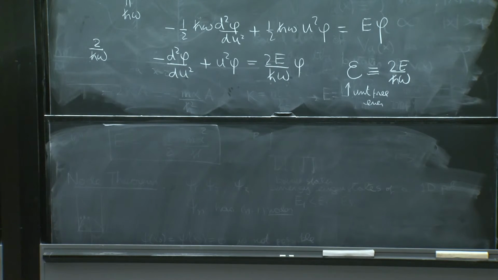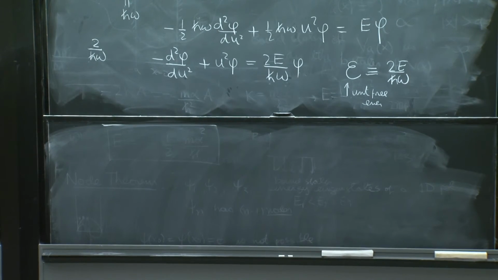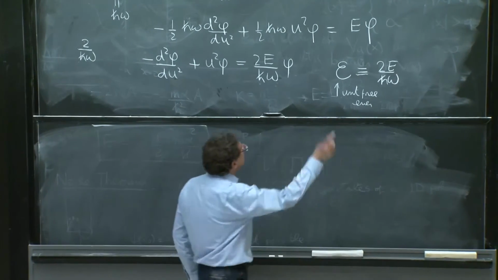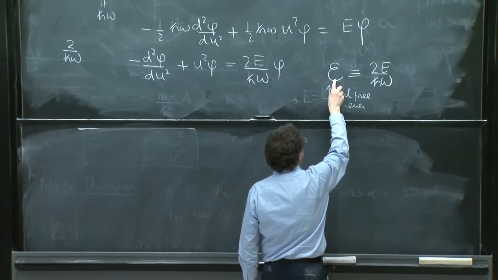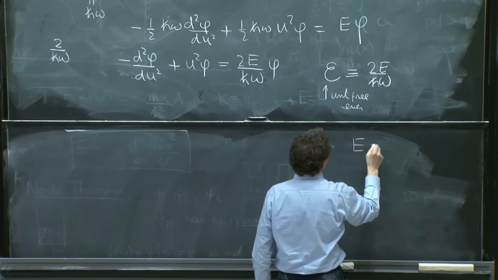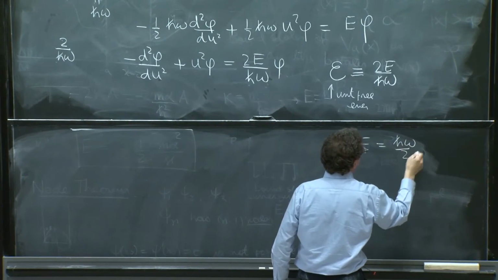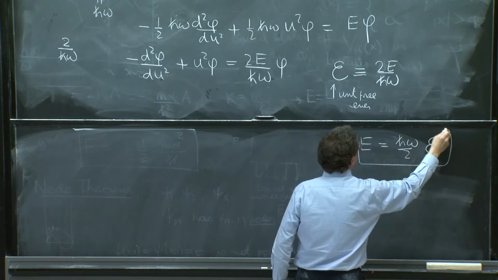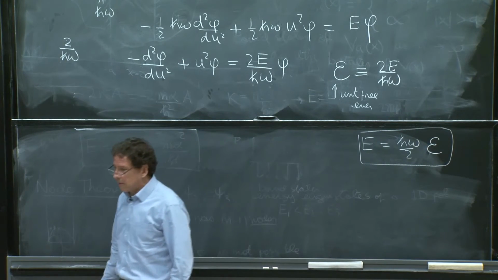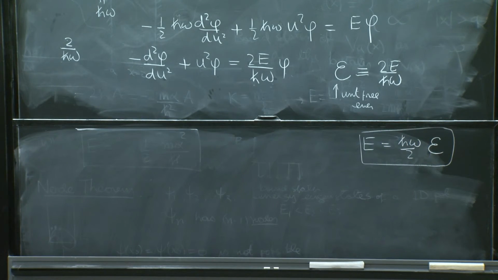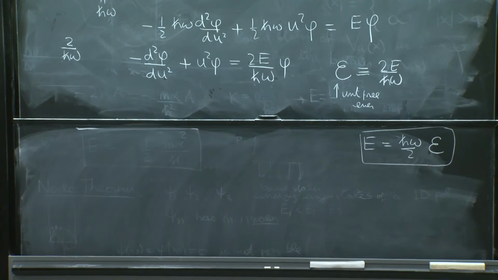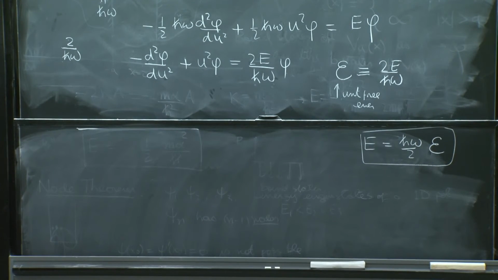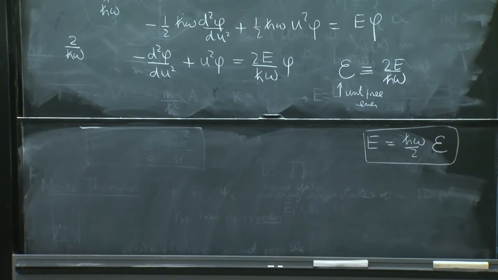And calculating curly E is the same thing as calculating the energy, because if you know this number, you know the energy. The energy is h bar omega over 2 times curly E. The advantage is that curly E will be either 1, 2, 1/2, a nice number, while E is some 0.87 eV or things like that.